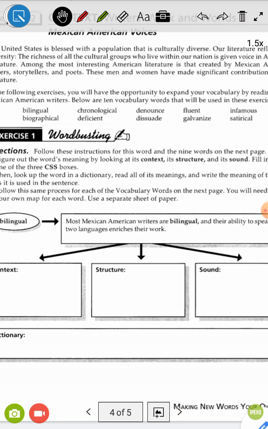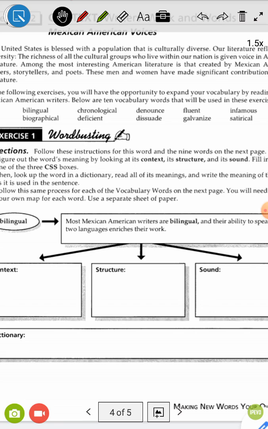Deficient, adjective. Persuade, dissuade, okay, galvanize, and we have satirical or satire. Now, satire is used in prose, in novels, in short stories related to irony, okay, satirical.